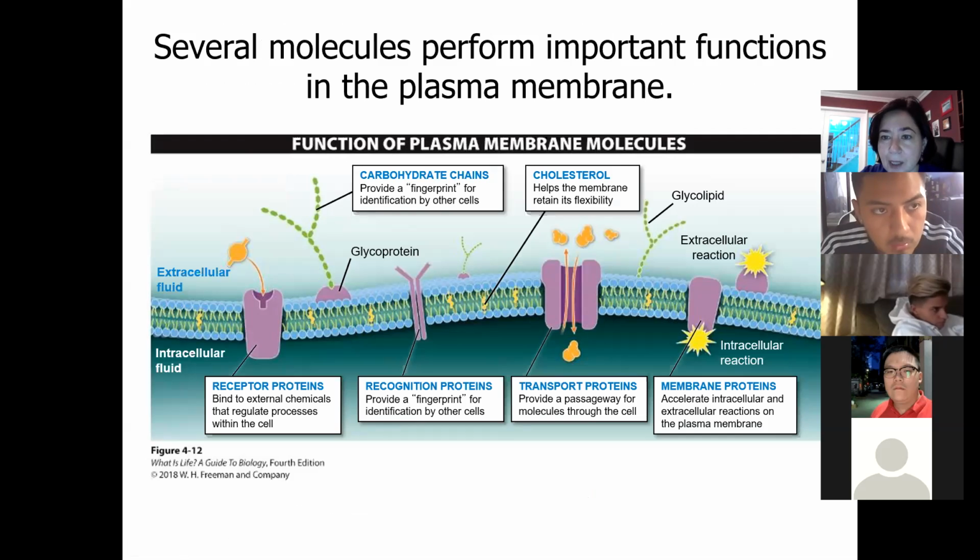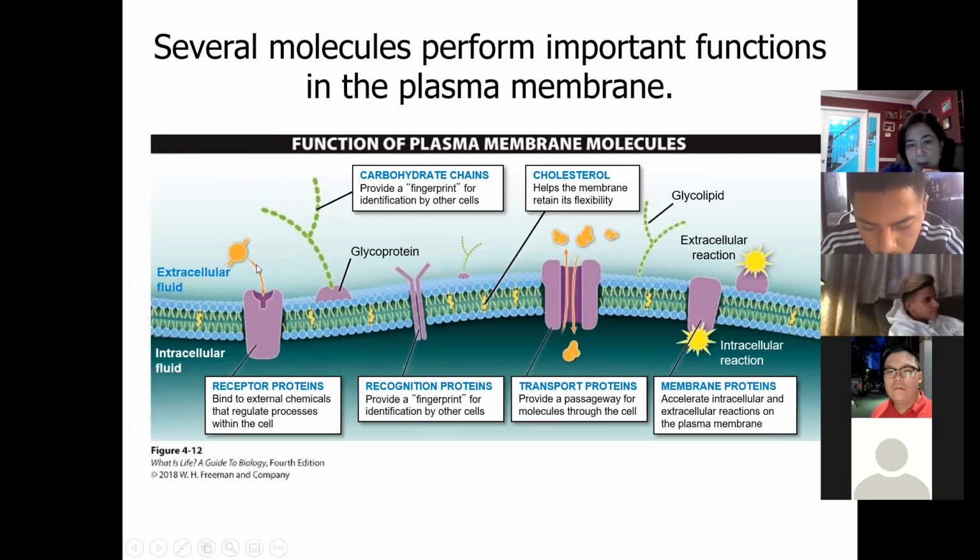What is the plasma membrane in the egg? If you boil it and peel the egg, there's a thin whitish layer that sticks to the shell. Yes, that's the plasma membrane, okay?